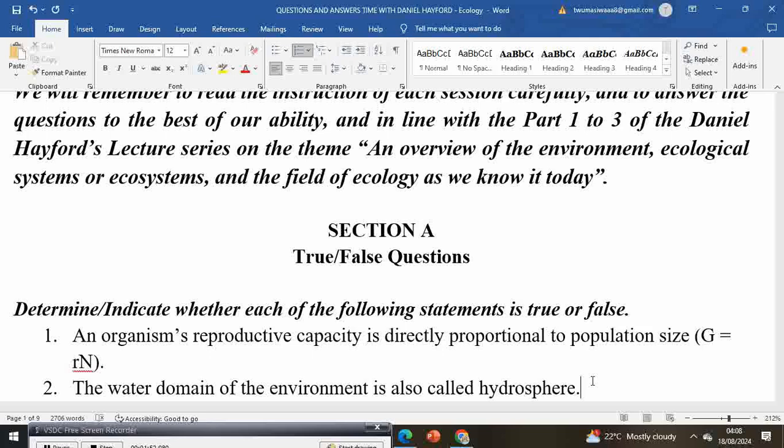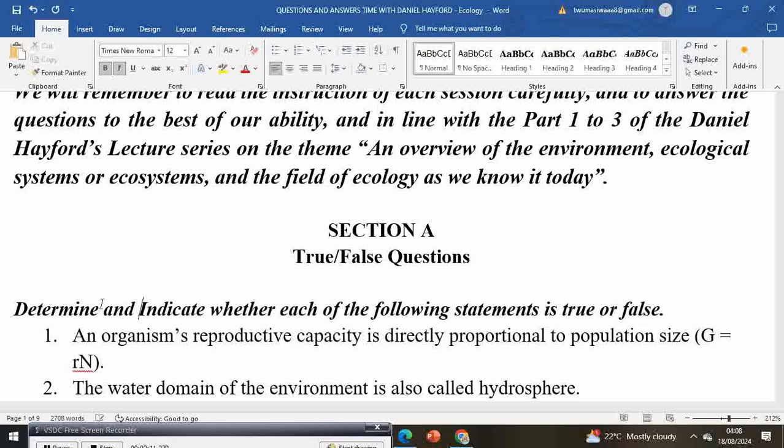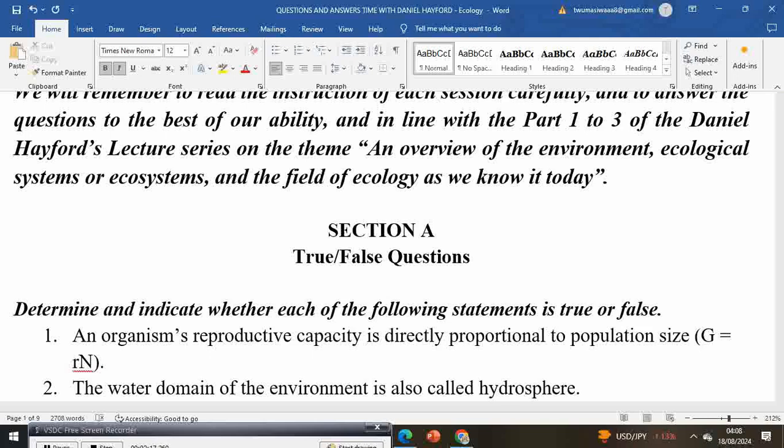So let's read the instruction. It is: determine or indicate whether each of the following statements is true or false. I think I'll revise the instruction to read: determine and indicate whether each of the following statements is true or false.